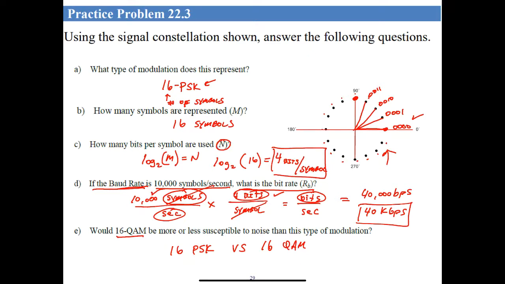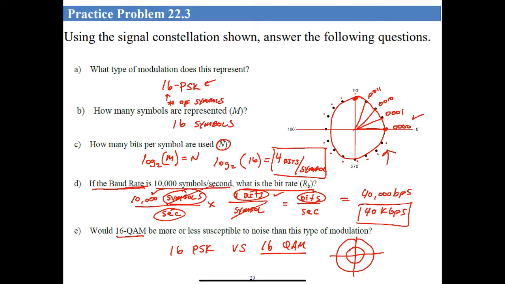Remember with QAM, we're able to alter amplitude and phase. So instead of having 16 symbols at the same amplitude with different phases, I can now represent the same signal using 2 different amplitudes and 4 different phases.